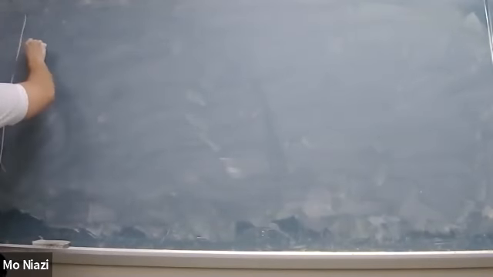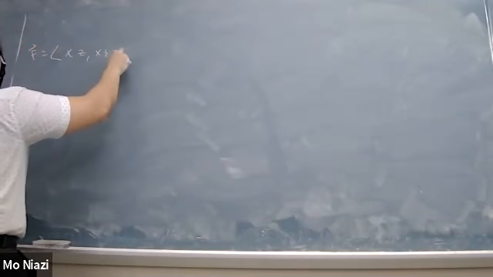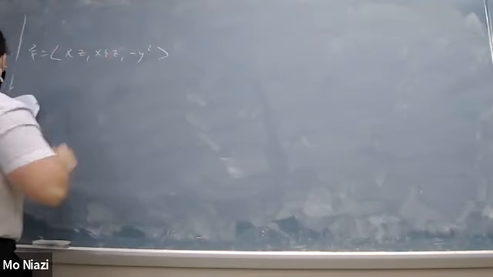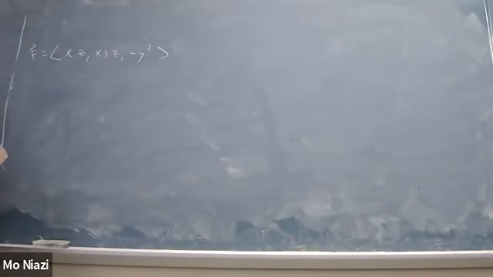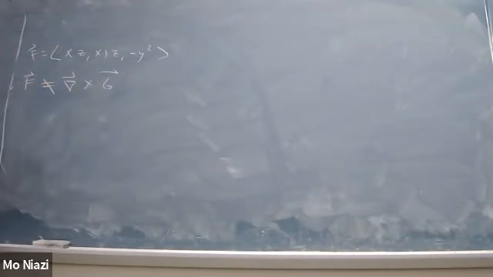Let's show that this vector field F cannot be written as the curl of some other vector field G.